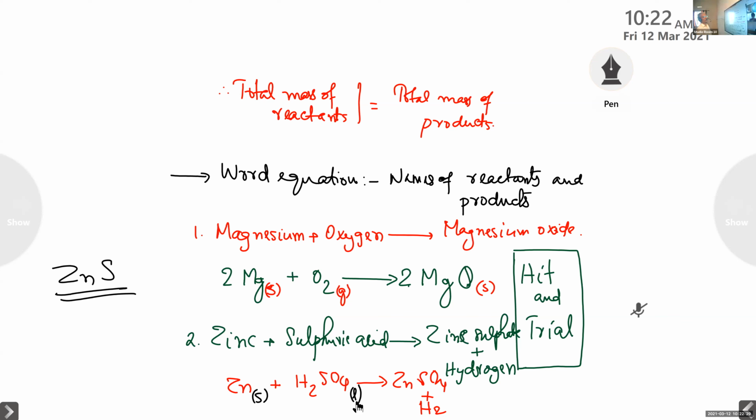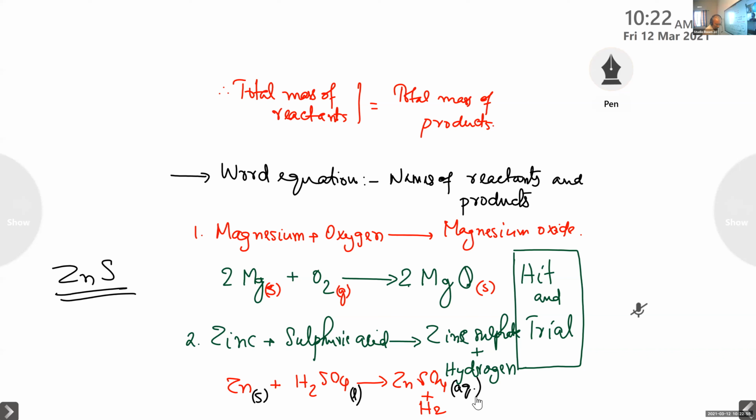Zinc sulfate solution: you can write aqueous. For sulfuric acid also you can write aqueous.